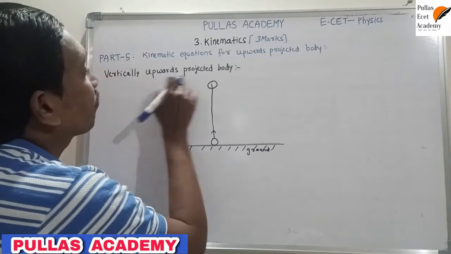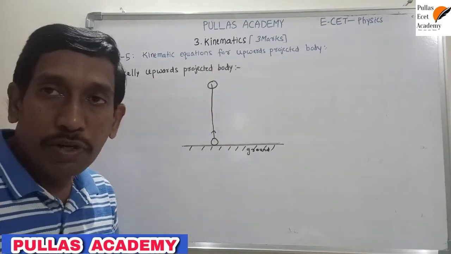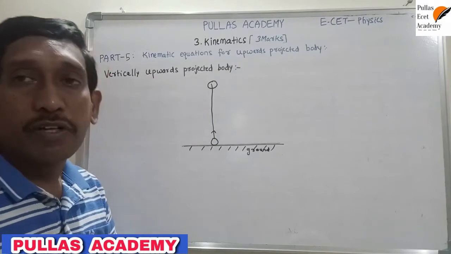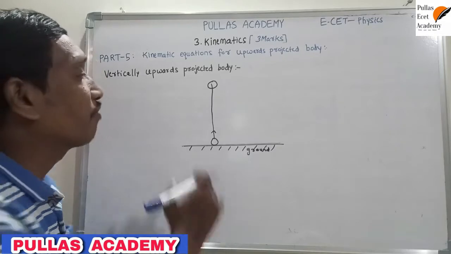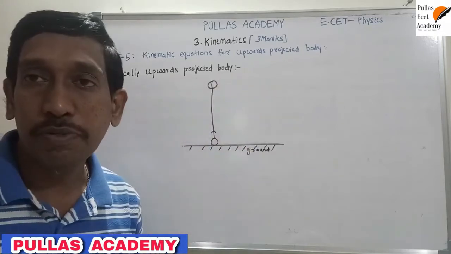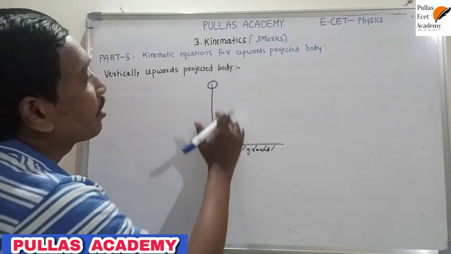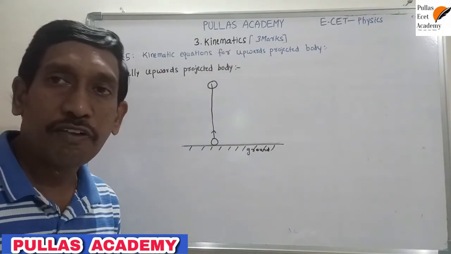That is called an upwards projected body. A body which is projected upwards and moves along a vertical straight line upwards is called a vertically upwards projected body.